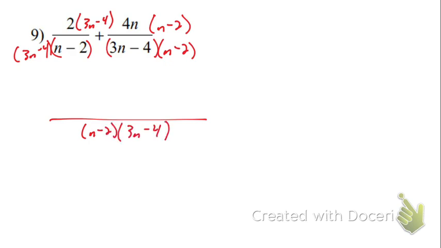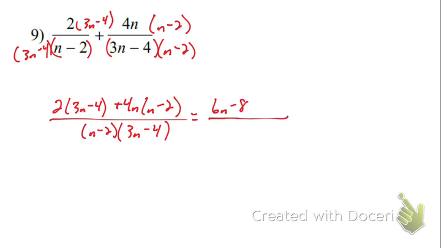My numerator, though, the one we have to work with, I'll write it out. 2 parentheses 3n minus 4 plus 4n parentheses n minus 2. So this is going to be up top. We got 6n minus 8 plus 4n squared minus 8n.